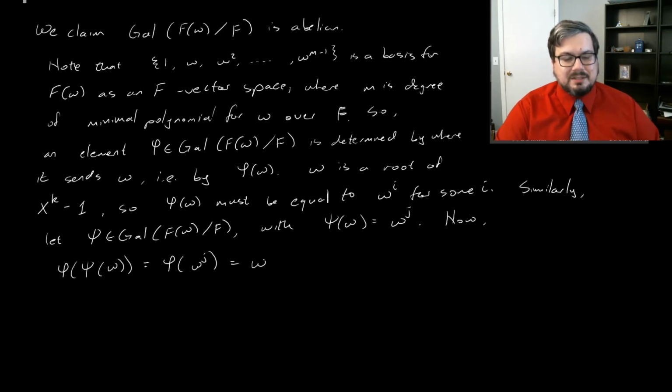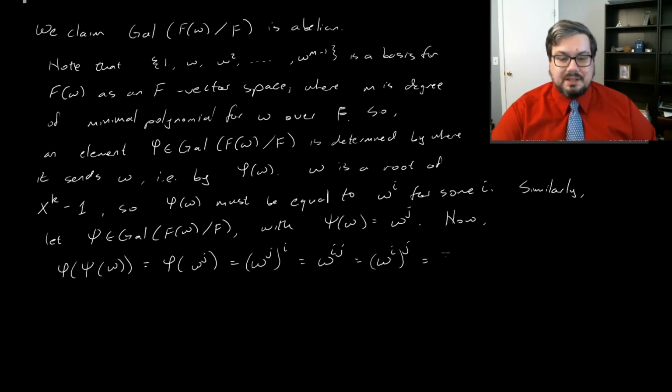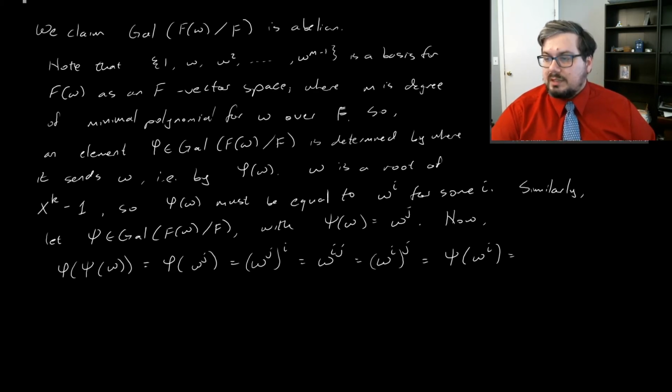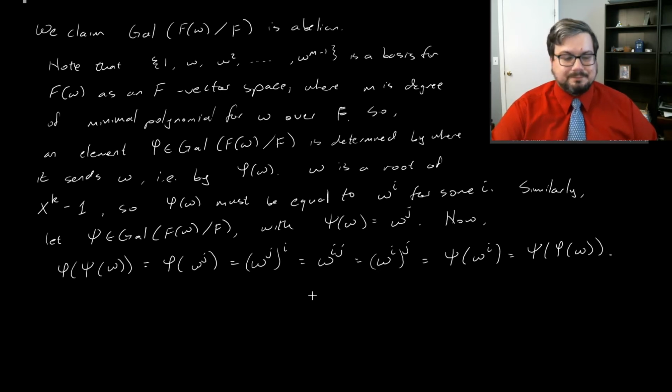Phi of omega to the j is omega to the j raised to the i, which is omega to the j times i, or equivalently i times j, which is omega to the i to the j, which is psi of omega to the i, which is psi of phi of omega.